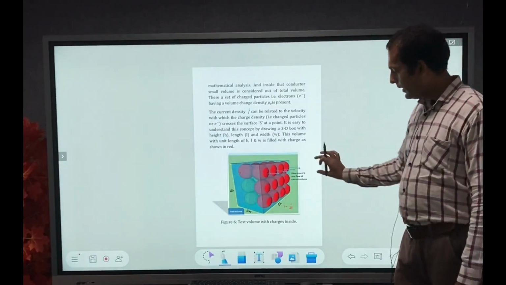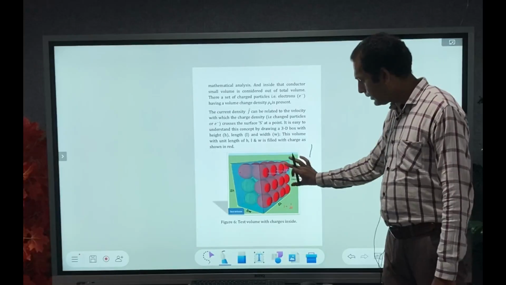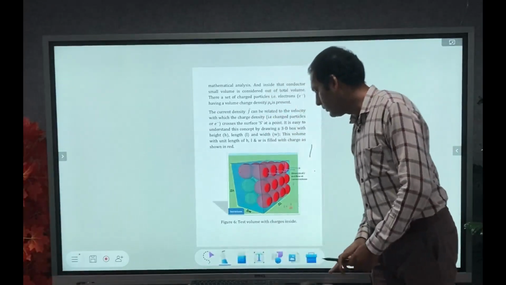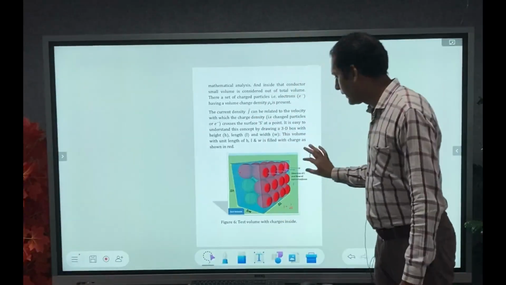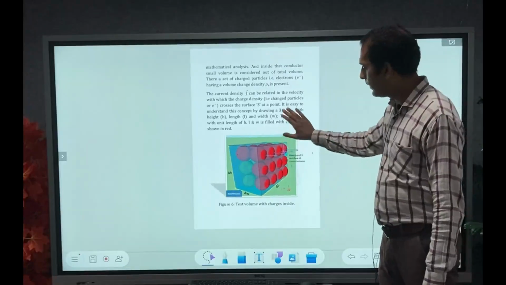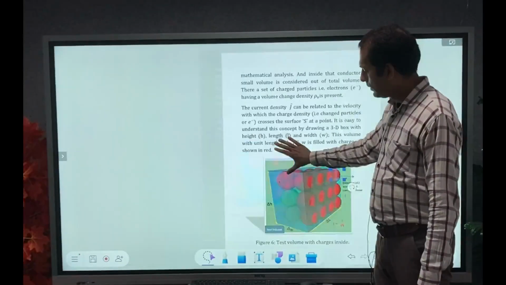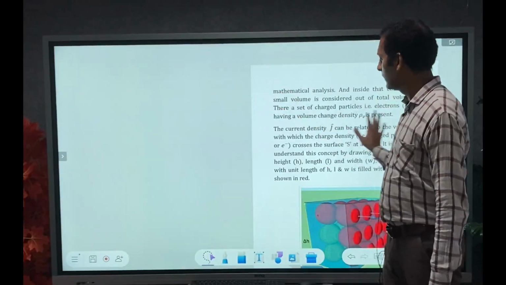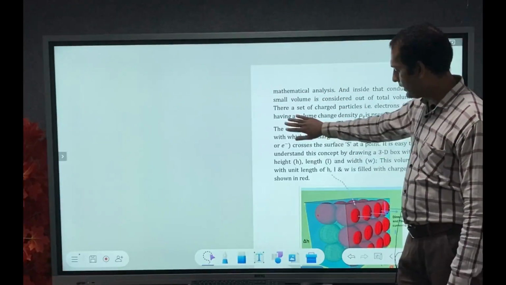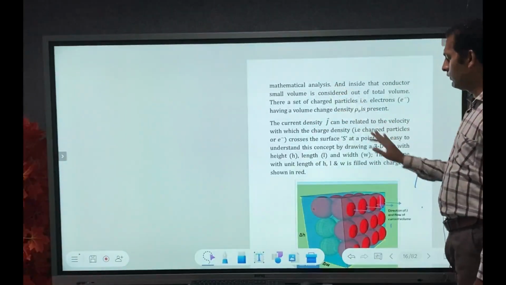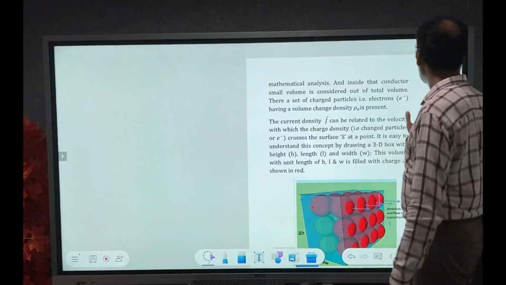Then we considered a diagram, the volume in motion. This volume we considered as moving in space. This diagram was useful to understand the behavior and movement of the charges inside.